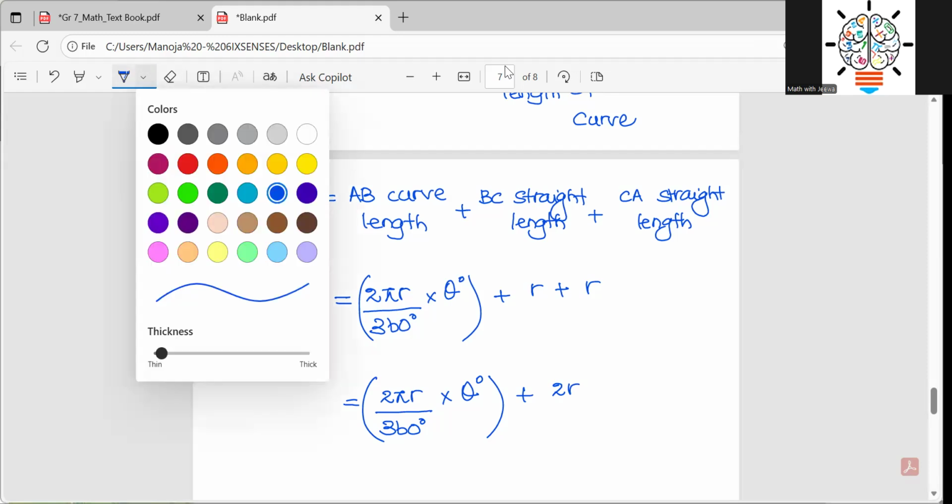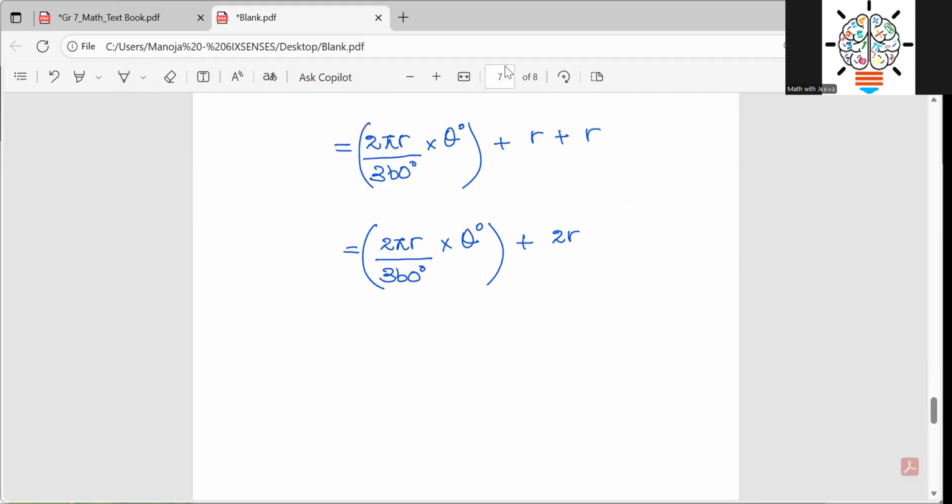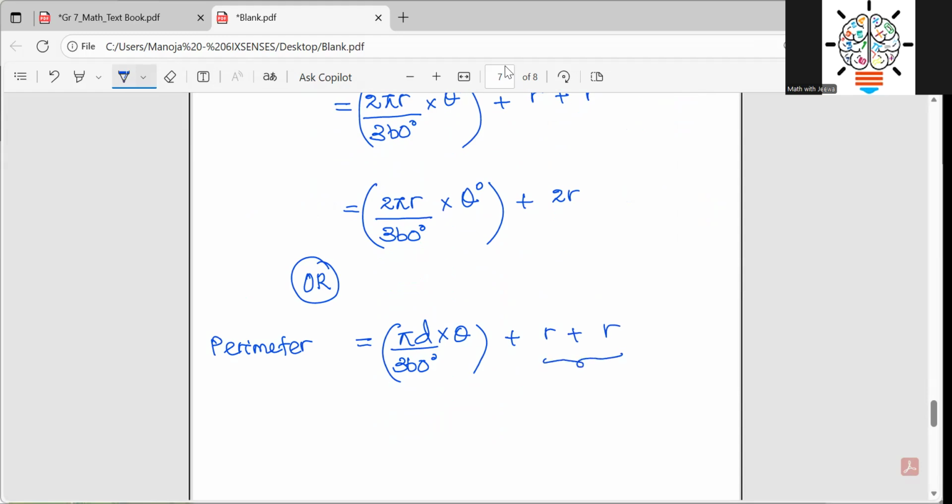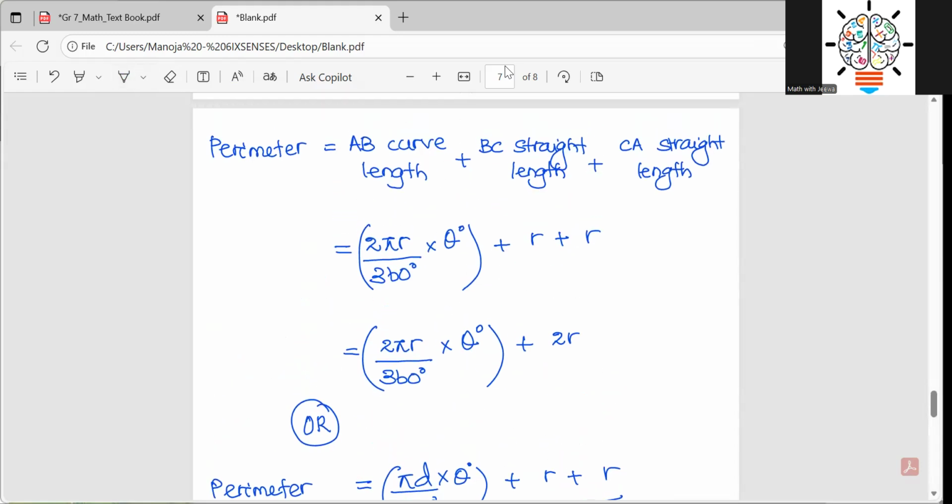Or else let's say I take the perimeter with the 5D formula, children. So 5D divided by 360 multiplied by theta. Then you have R and R. We know R and R is the diameter. So then we have 5D divided by 360 multiplied by theta plus D. This is how it works.